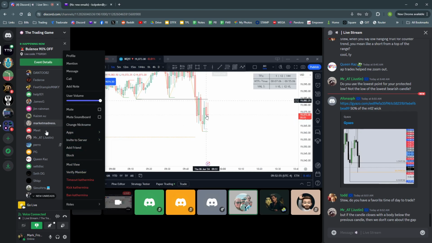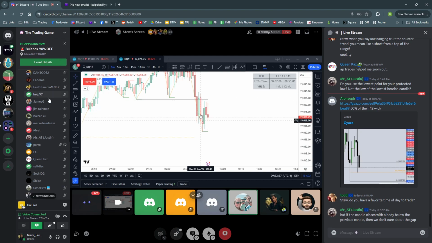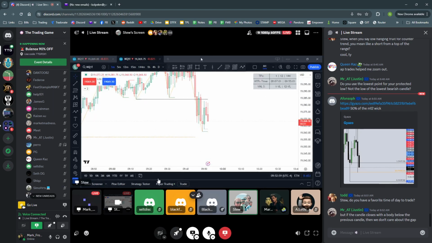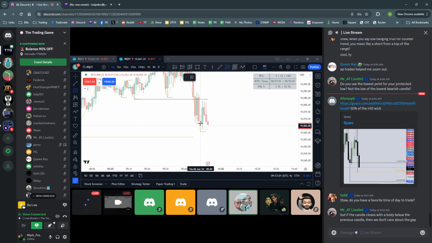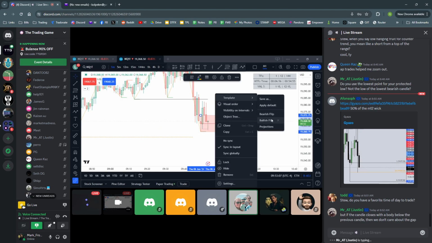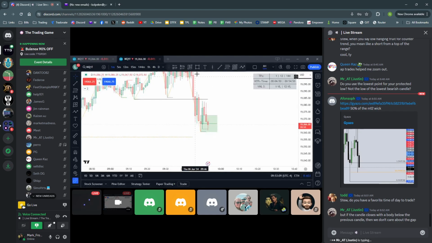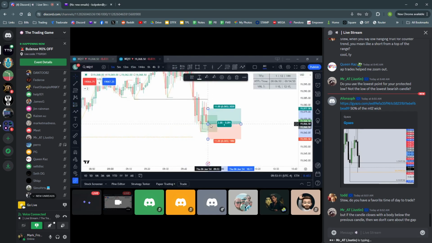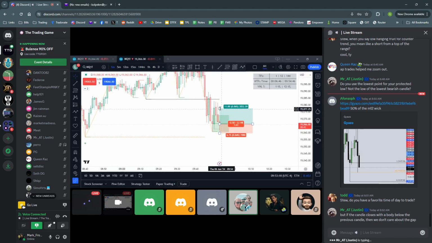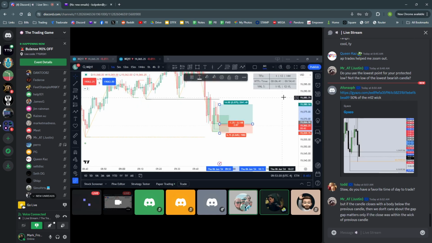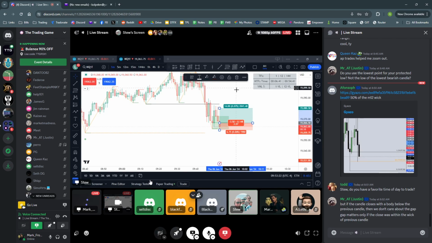So it looked like this, guys, if we didn't consider this a continuation candle and all this one candle. So say that this gap wasn't here. You would take your entry right there, like that, a couple ticks below, and you would look for the 1-to-1 or a better target.